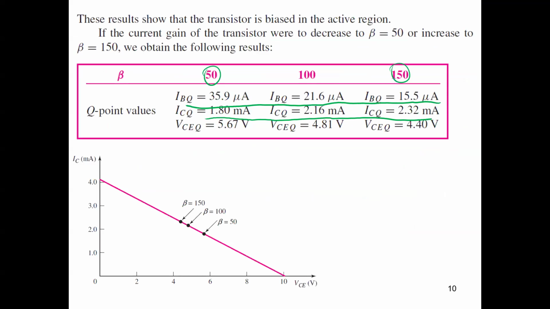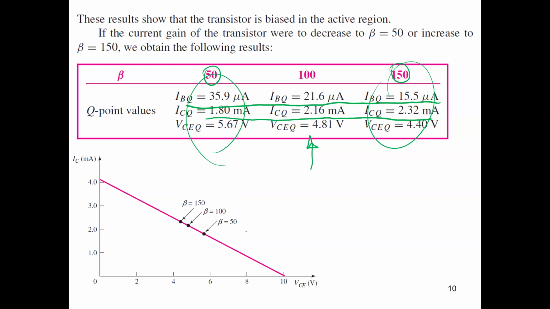So again, we need to calculate IB, IC, and VCE for the three different cases. We already made the calculations at beta equals 100. So repeat the calculations at 50 and 150 beta. Now, what we can see is you have minor changes in the values of IB, ICQ, and VCEQ.